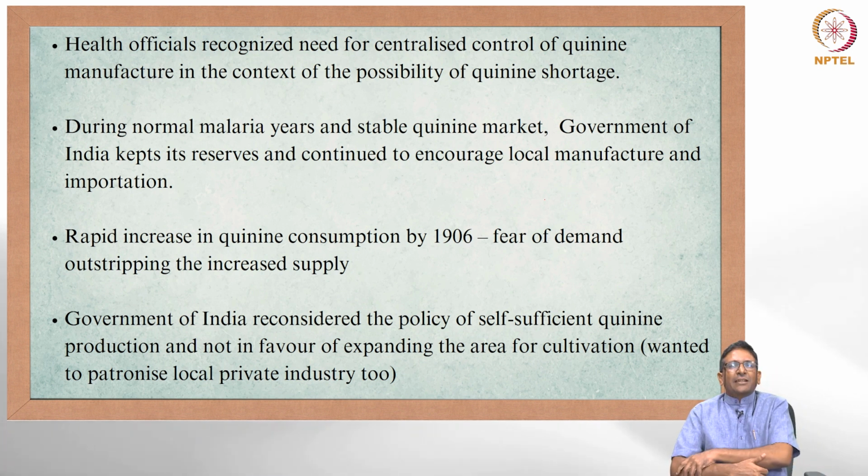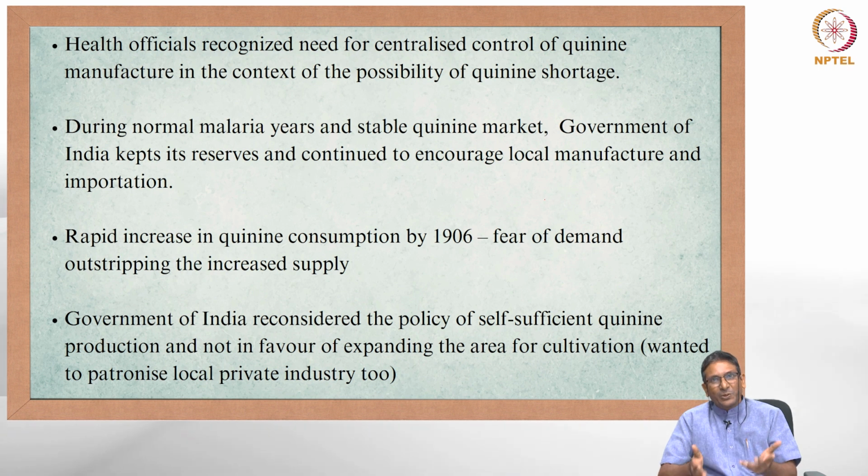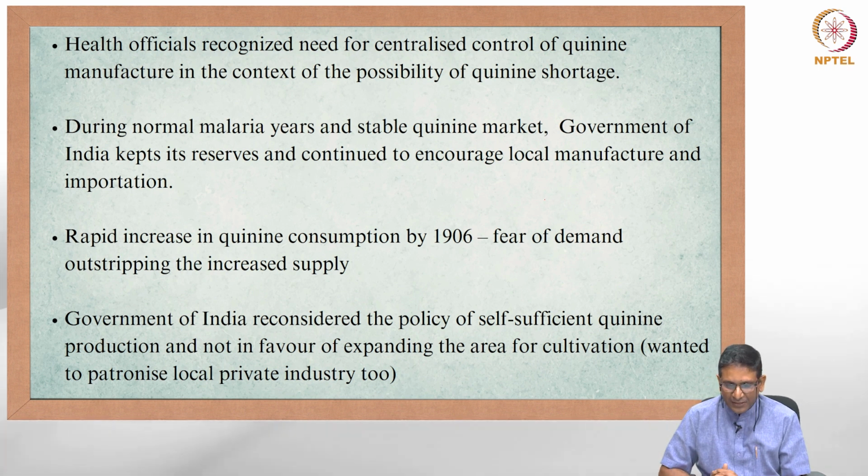But due to the rapid increase in consumption by the early part of the 20th century, there was genuine concern about demand outstripping the supply; though supply had increased, the demand could still outstrip that.